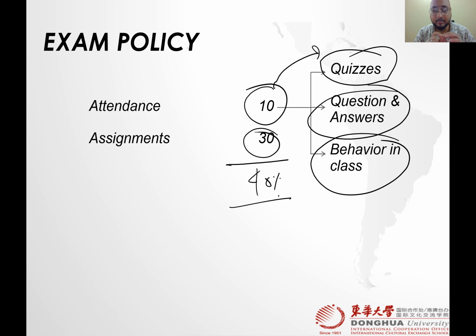If you miss the deadline, the assignment marks are 0. Normally there are going to be 5 assignments, so 6% of the overall evaluation goes to each assignment. So don't miss any assignment and respect the deadline.